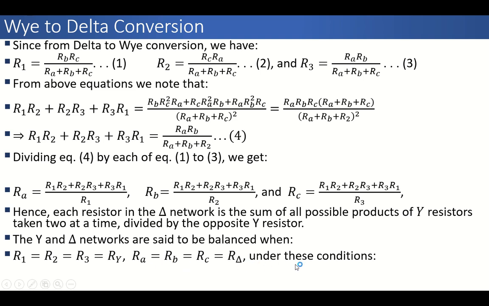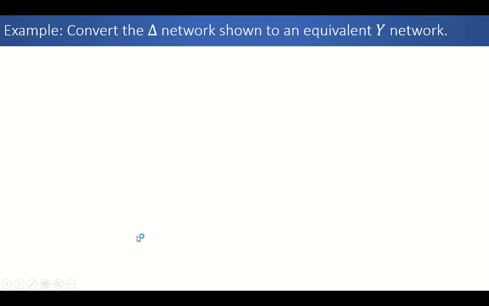Obviously under this condition, from this equation we can say that RY will be equal to R delta divided by 3, or R delta is equal to 3 RY. Using these equations, we can convert the network from delta to Y, or from Y to delta. So let's see an example.